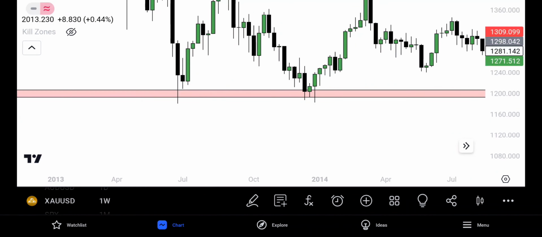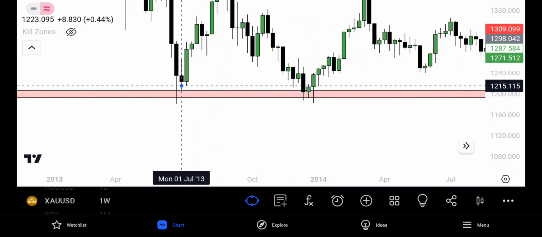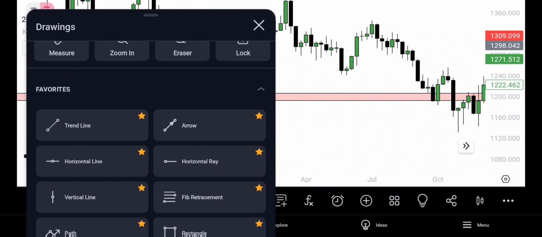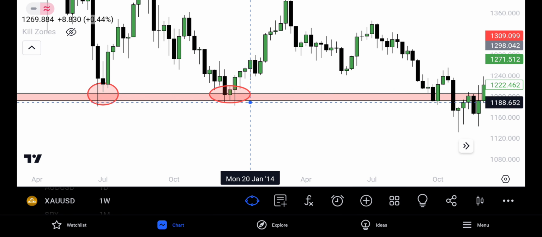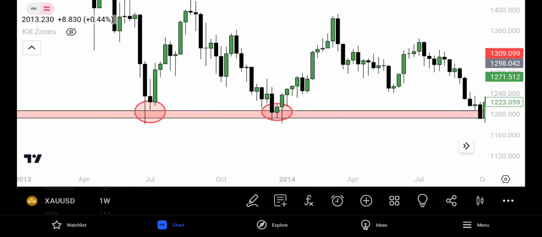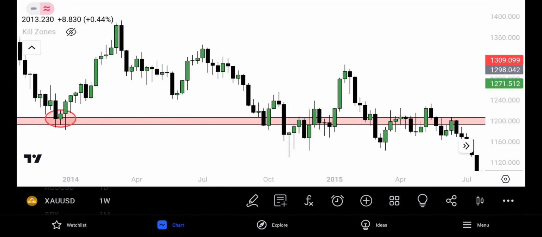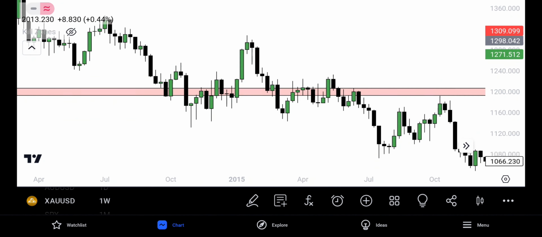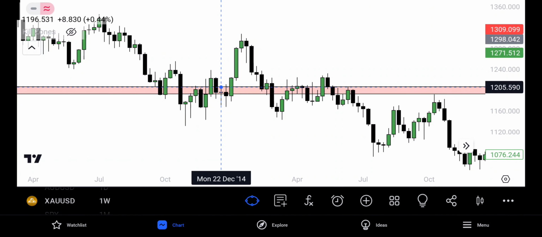You can also see more touches here, another one here, and another one here. All these touches, the moment it tapped, it moved up. And more touches here.